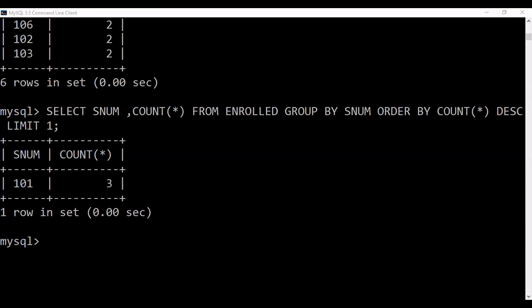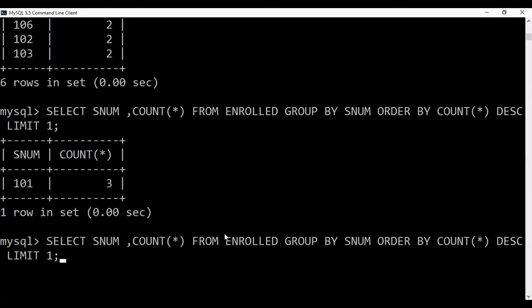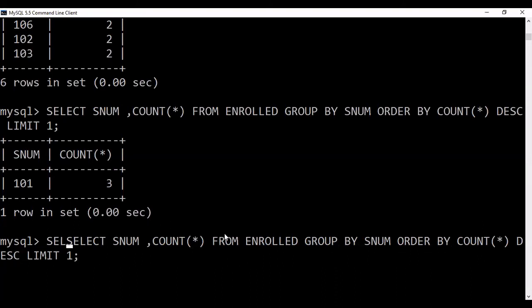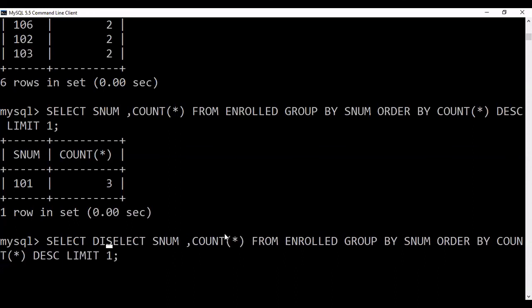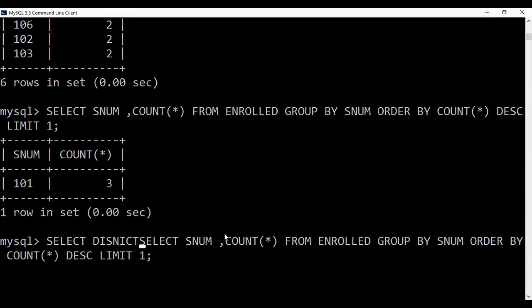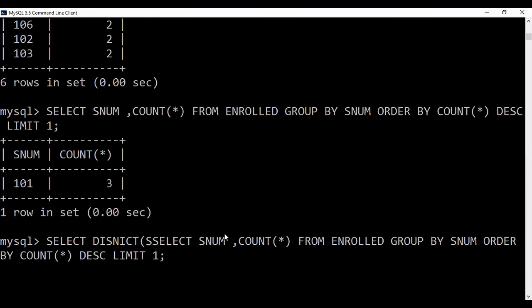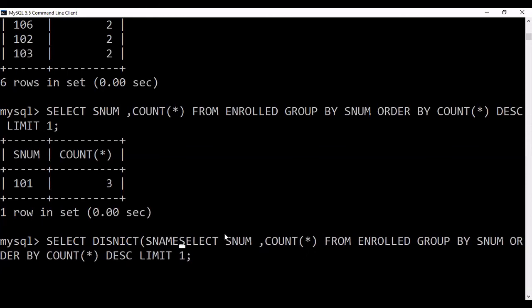Wait, I'm applying it. Select distinct of S name, so this clause I'm modifying with the equation operation. Select distinct of S name, so if it is repeating, it will not repeat.